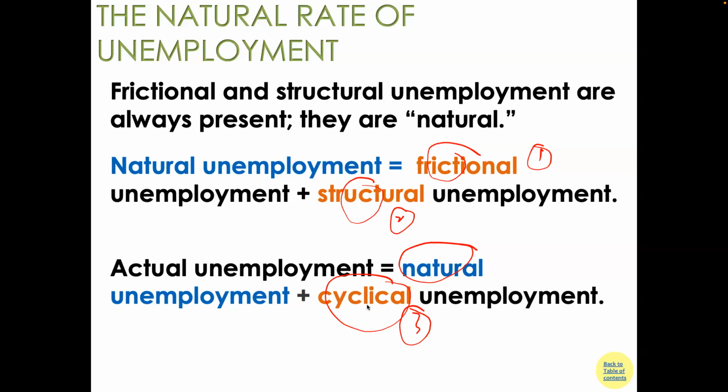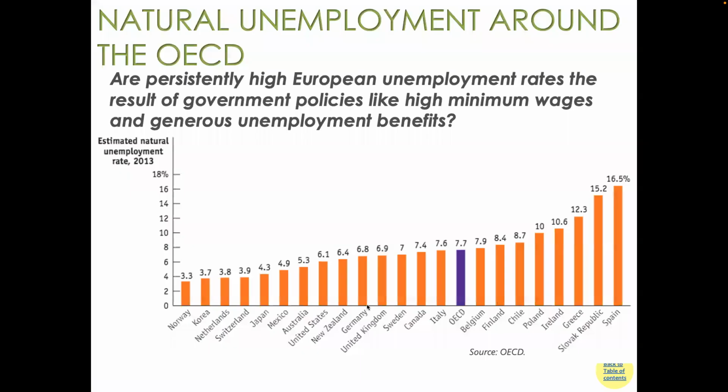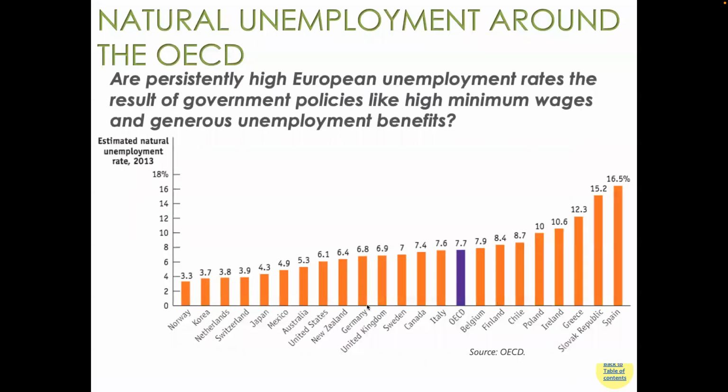This cyclical is largely correlated with the business cycle. Now let's go back to the slide we just skipped. Here we look at many countries inside the OECD. OECD stands for Organization for Economic Cooperation and Development. Essentially, it's a club of advanced economies.